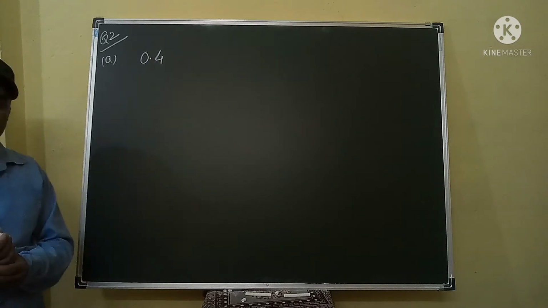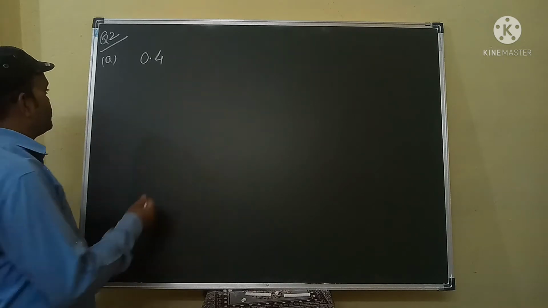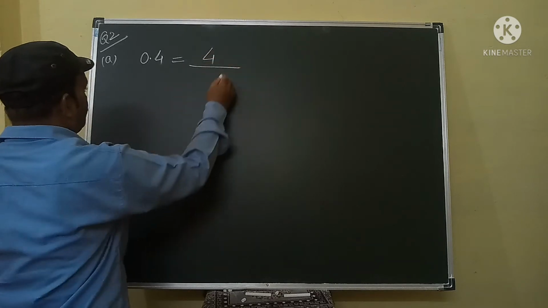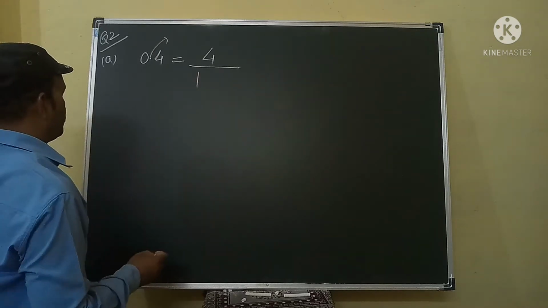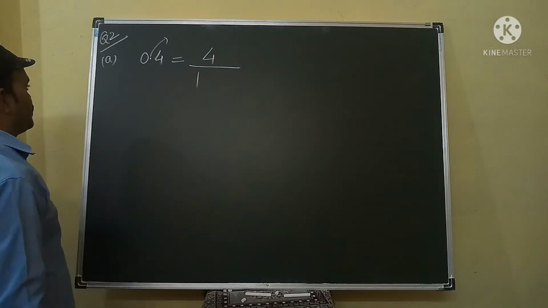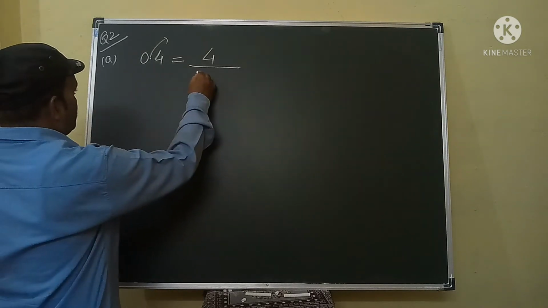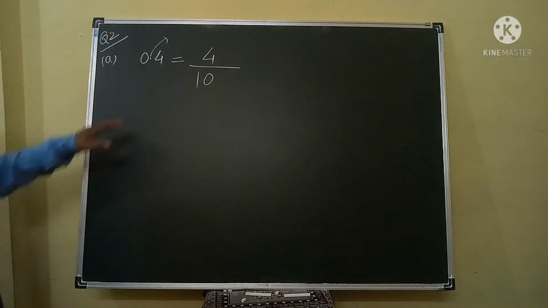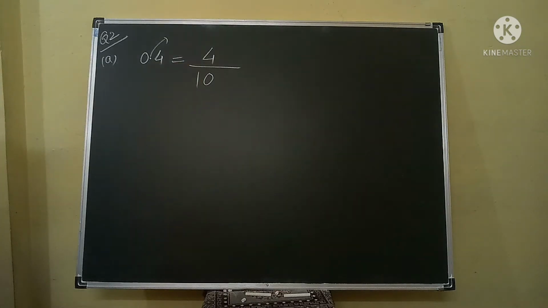So 0.4 we can write as 4 with the decimal point removed by 1, and after the decimal point there is one digit. So after 1 we put one 0. That means 0.4 is equal to 4 upon 10.